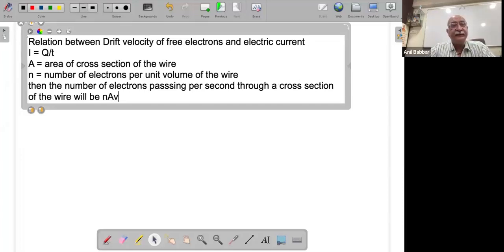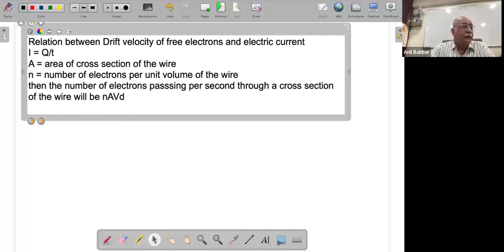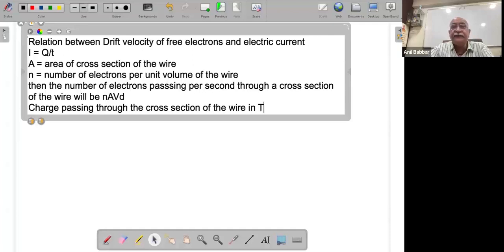So I'll write here VD. That's our drift velocity. VD is the drift velocity. Fine. So Q will be the charge passing through the cross section of the wire in time t seconds.